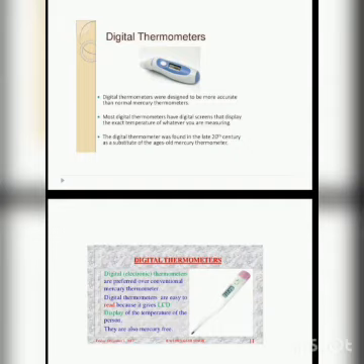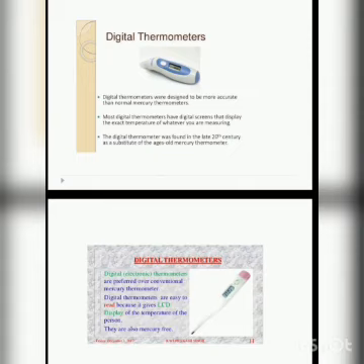By this we have completed the topic of thermometers and their four types. One is the clinical, second is laboratory, third is digital, and fourth is maximum and minimum thermometers.